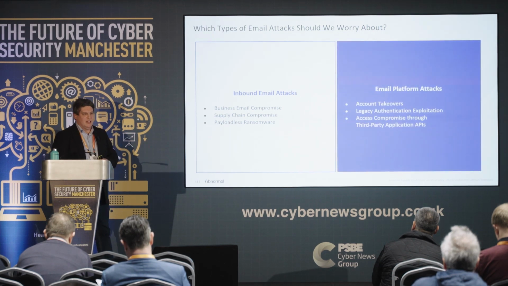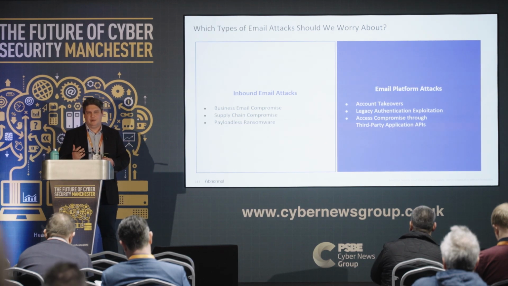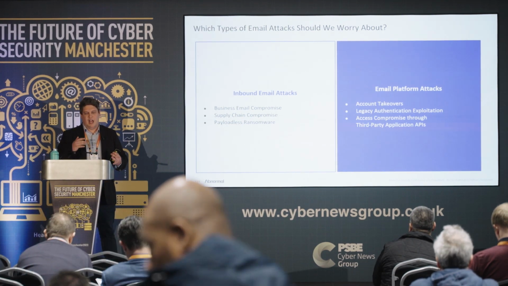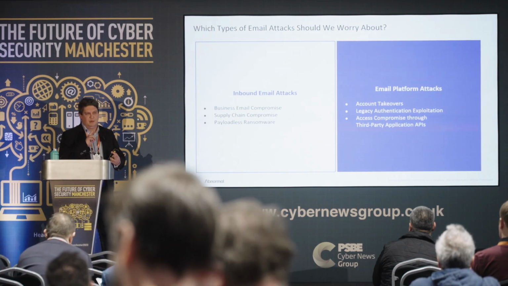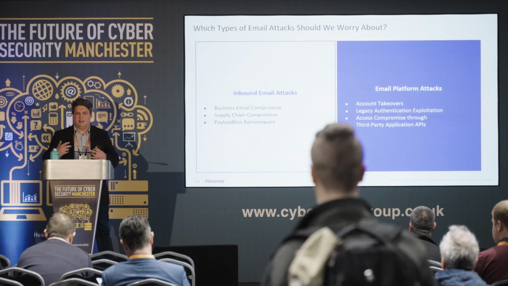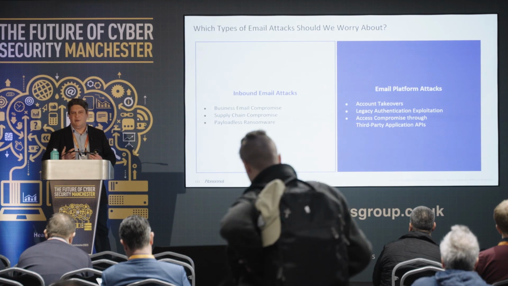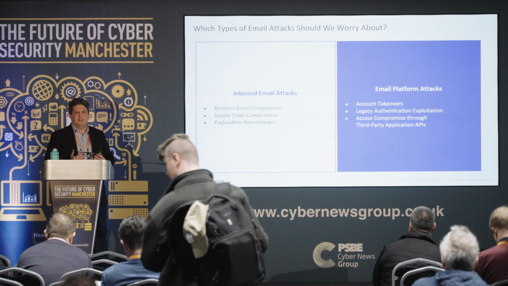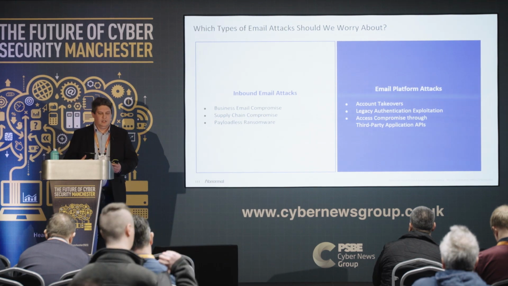But the other side of this is the email platform itself. So people coming after your 365 environment directly, people doing account takeovers, people looking for MFA bypass, either through social engineering or through MFA storms. We now know that those techniques and those security mechanisms aren't infallible.